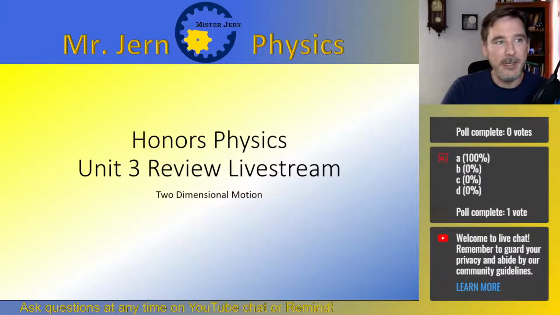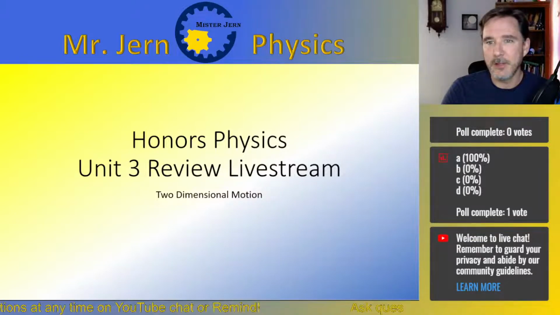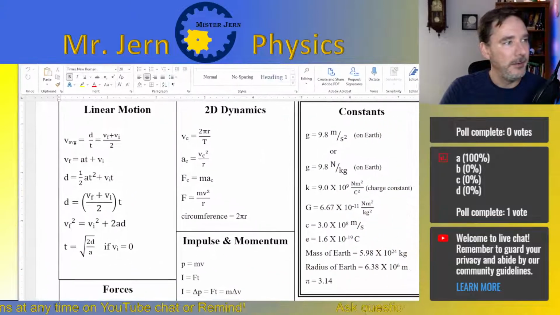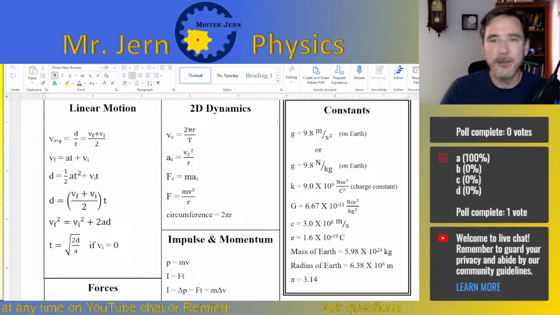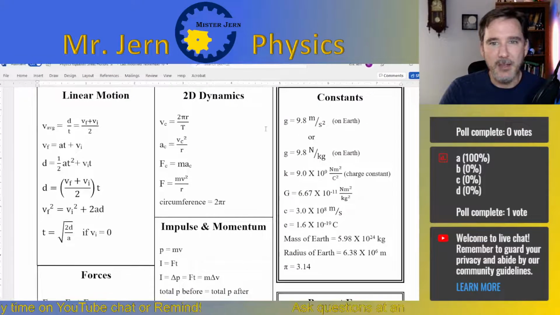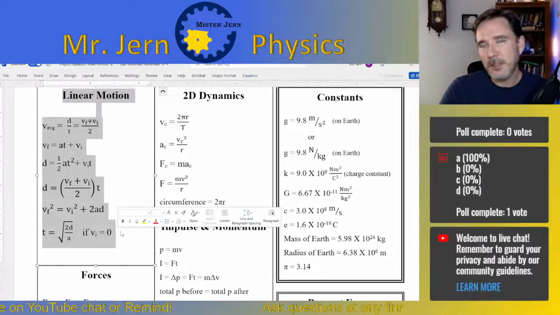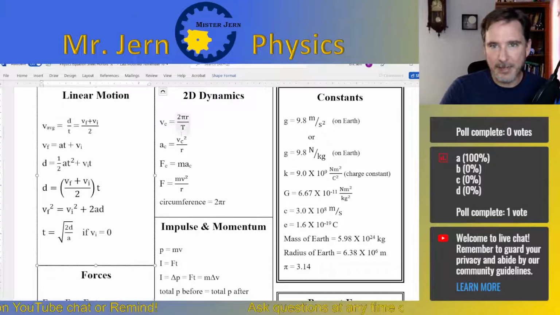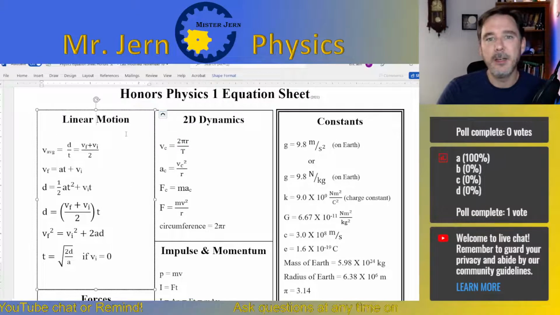So I guess we can begin right away. Unit 3 is all about two-dimensional motion, and it involves two parts of the equation sheet. Especially for dealing with projectiles, it's going to be this first box on the top left, linear motion.